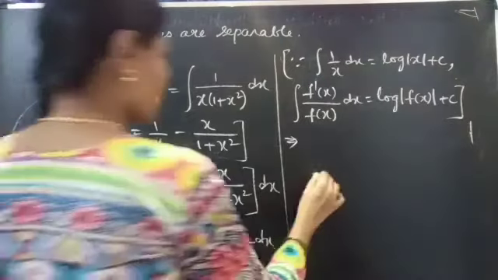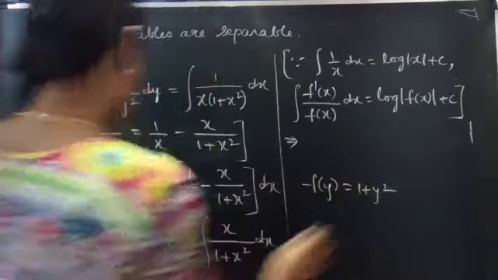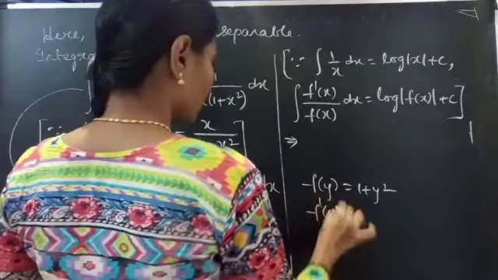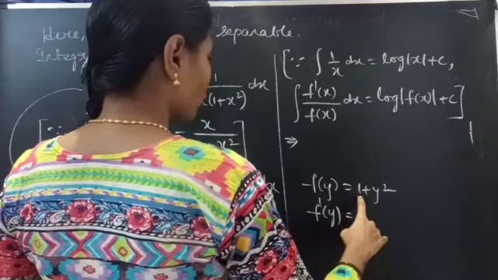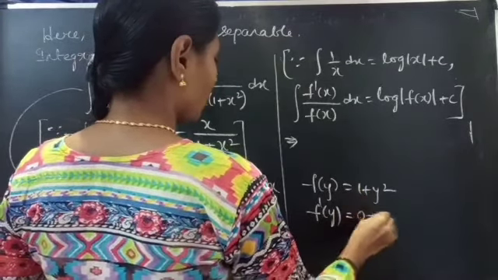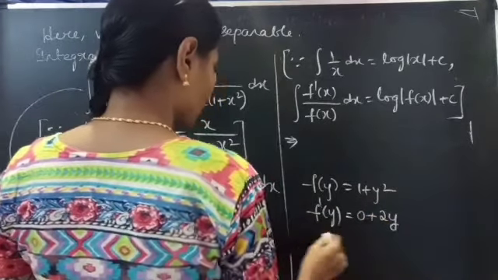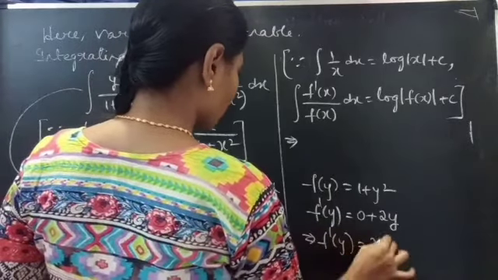Let's take f of y equals 1 plus y square. Then f dash of y will be the derivative of 1 with respect to y, which is 0, plus the derivative of y square, which is 2y, right? Then f dash of y equals 2y.